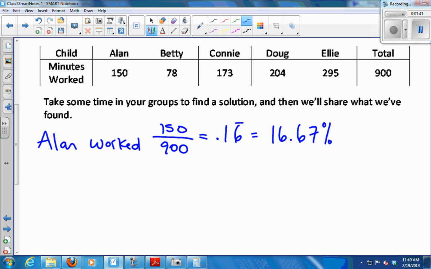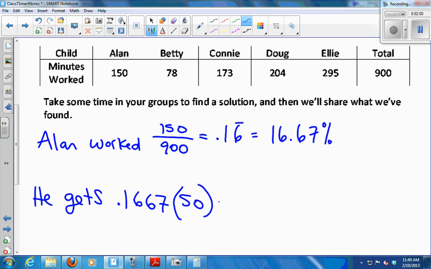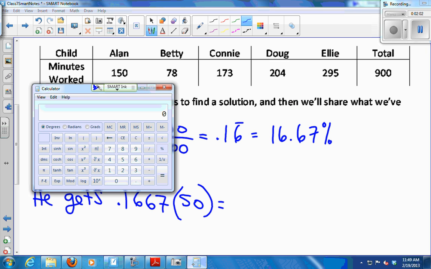So Alan did 16.67% of the work. We should give him 16.67% of the candy. Okay, so he gets 0.1667 of 50 pieces of candy.